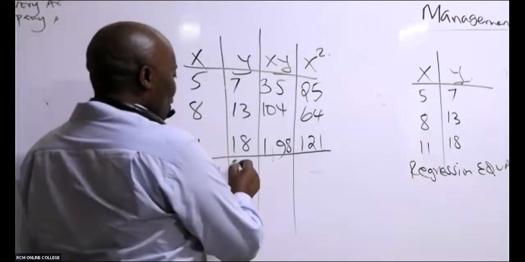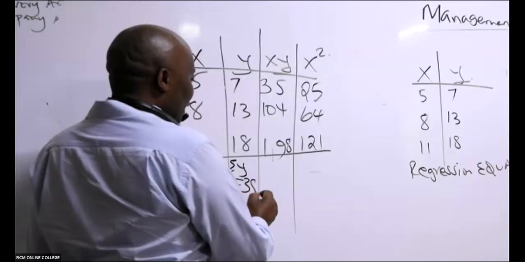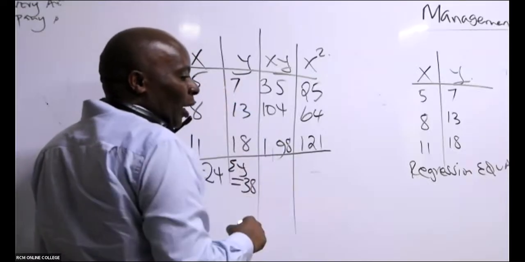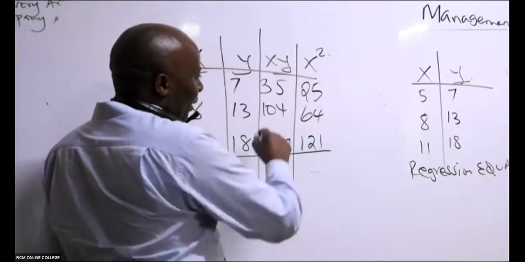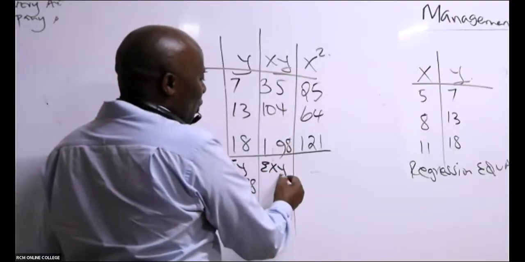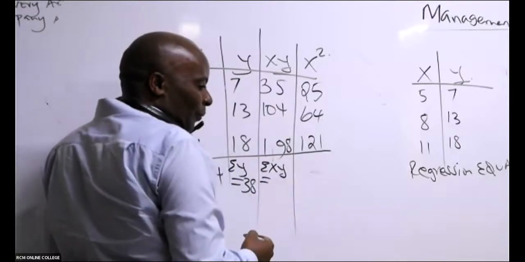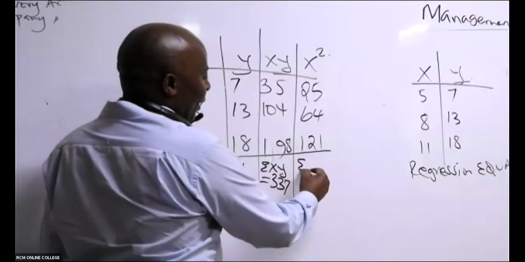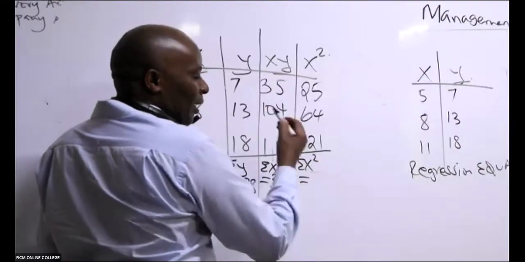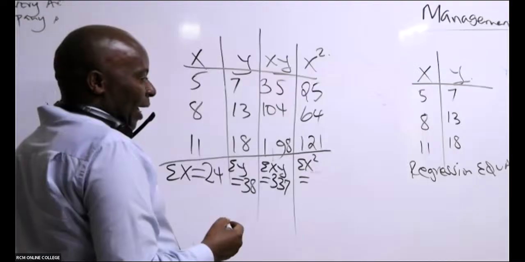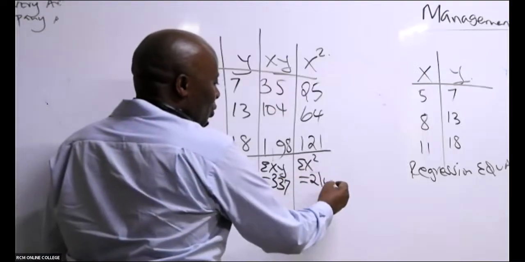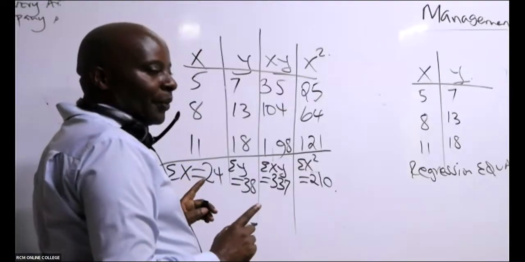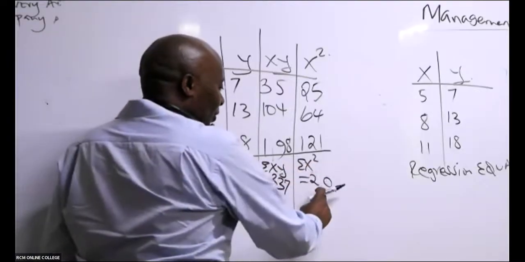Summation of y is 38. How about summation of xy? 337. Please write those summations like that. Summation of x squared, 210. Please add using your calculator.